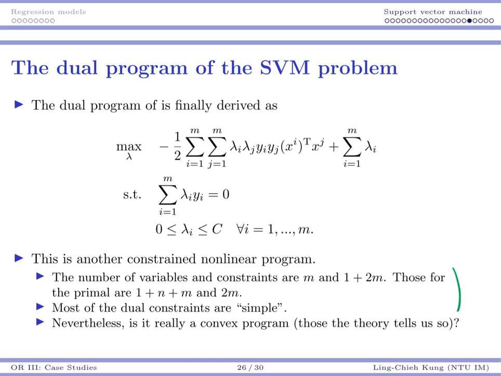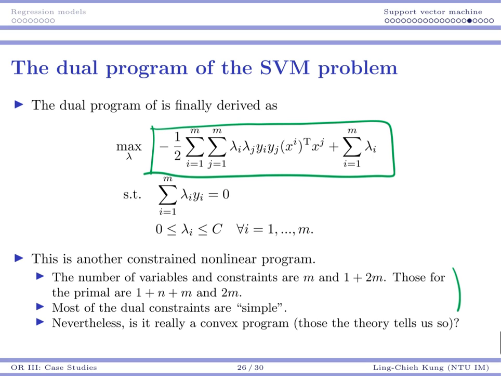But the last thing we need to do is to look at the objective function. Maybe you still remember that for our primal problem, the objective function is actually very simple. Either we have this, or we also have c times gamma_i, something like this.